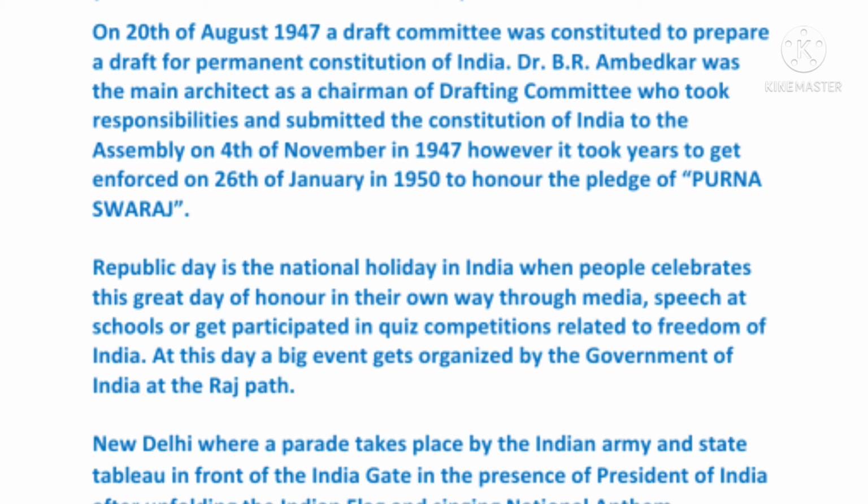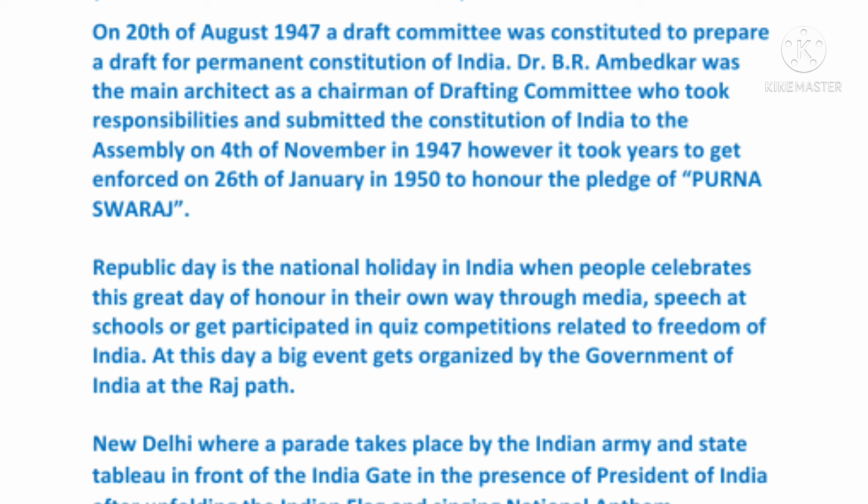In the body section you will write all the necessary things related to that topic. Like on 29th of August 1947, a draft committee was constituted to prepare a draft for the permanent constitution of India. Dr. Baba Saheb Ambedkar was the main architect as chairman of the drafting committee, who took responsibility and submitted the Constitution of India to the Assembly on 4th of November in 1947.